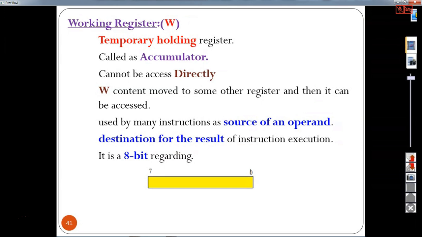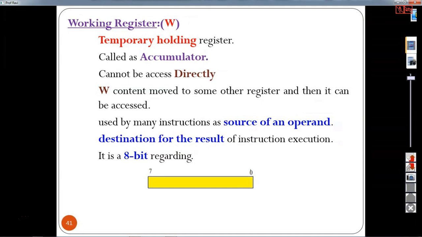And register bank select can be done using these bits in the direct way. Bank 0, bank 1, bank 2, bank 3 can be selected using these. So the register bank select bits are RP0 and RP1, and these two are for register bank select in direct addressing. 00, 01, 10, 11 means bank 0, bank 1, bank 2, bank 3.